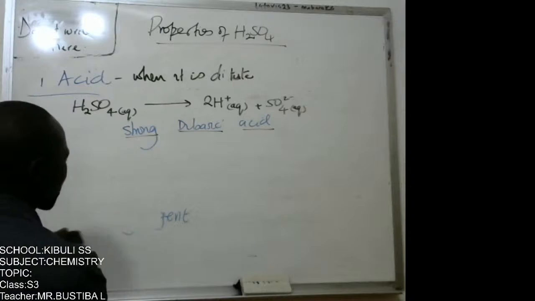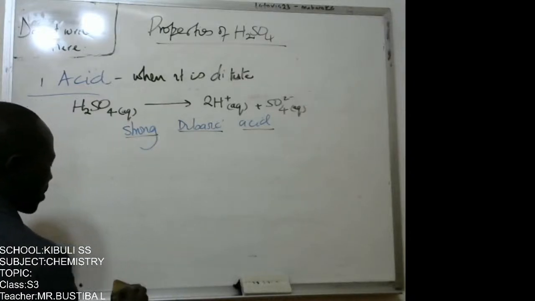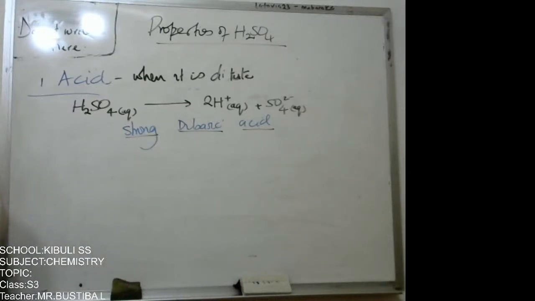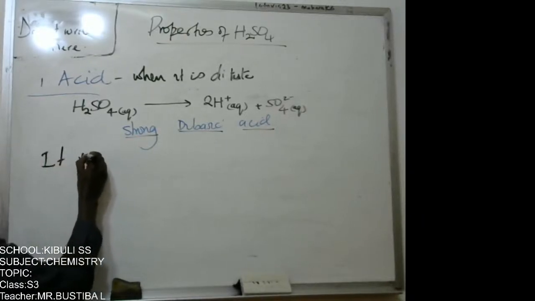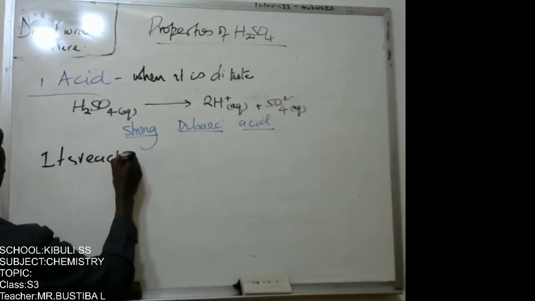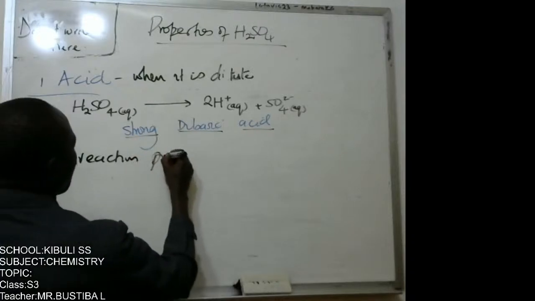This time we are being so specific. Remember the other day we looked at nitric acid. What did we form? Nitrate. This time what are we going to look at? Sulfate. So being an acid, we endeavor to find out its reactions. What do they produce?